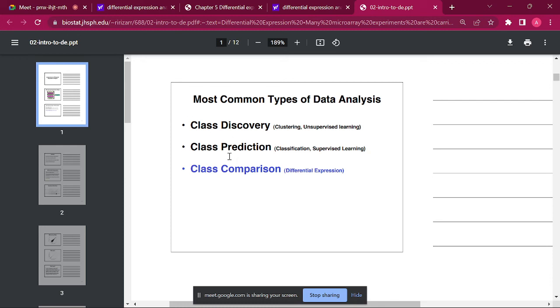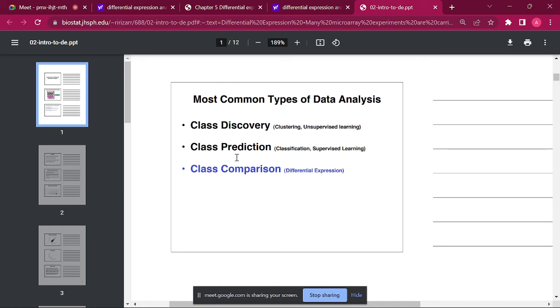Great. Then we have class prediction. Class prediction is that when we have the data and corresponding to the data, we know the labels.